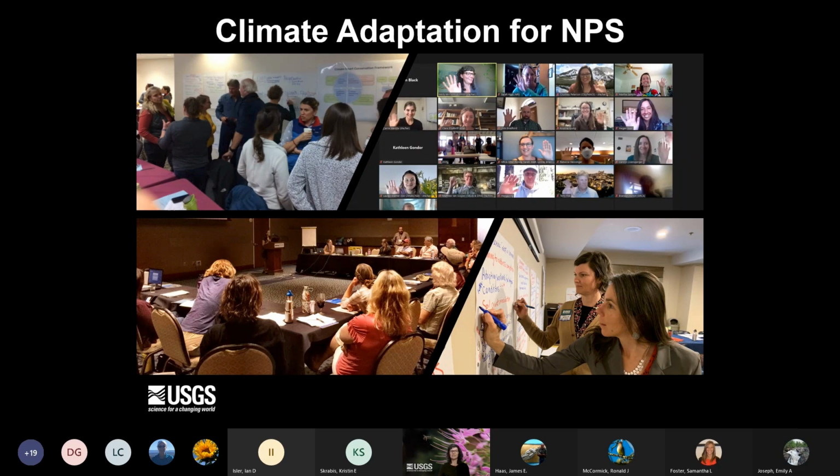And the science that we did was very iterative. We had a couple products. One was a report of climate change impacts for this geography of parks on the Colorado Plateau. And the other one was an adaptation menu with concrete actions that people could take with every project that they were doing. And from the beginning, our first step for that report was to develop vegetation maps for each of these parks.